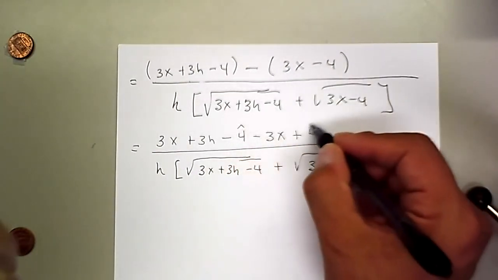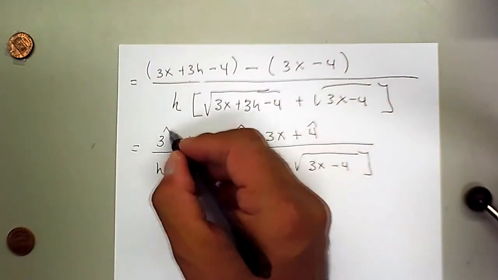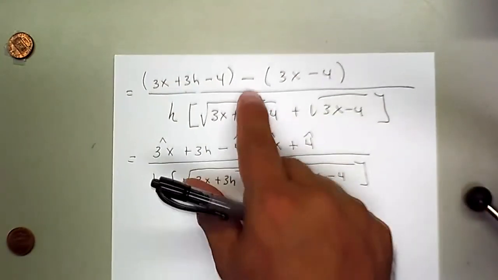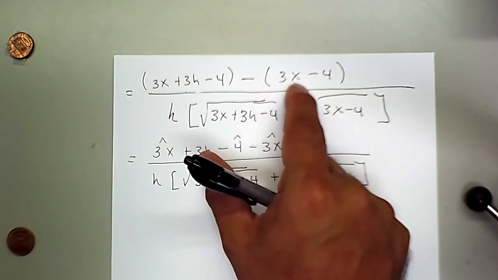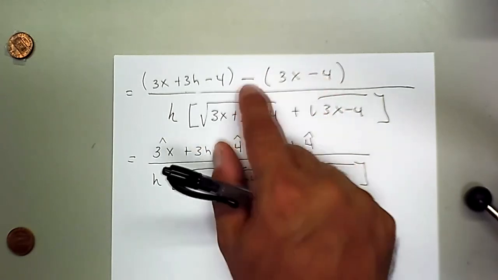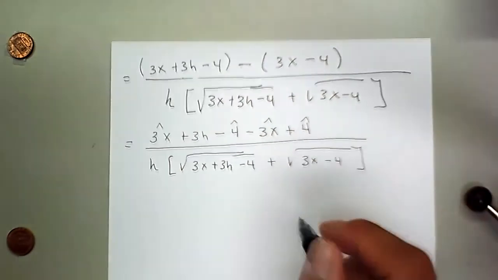So the first step is to simplify: 3x minus 3x. See, what I did is distribute the negative carefully, because yes, we end up with negative 3x, but then we end up with positive 4. That's very easy to miss.